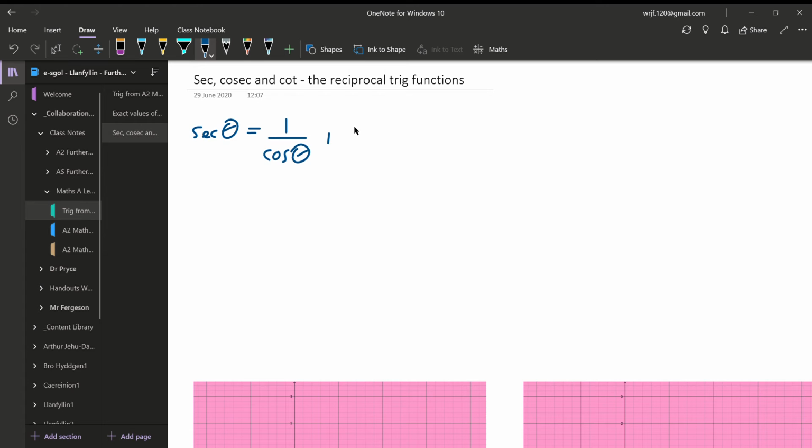And similarly for the other two, cosec theta is the reciprocal of sine theta, so that's 1 over sine theta. And the last one is cot, and so we have cot theta, which is defined as the reciprocal of, and therefore 1 over tan theta.